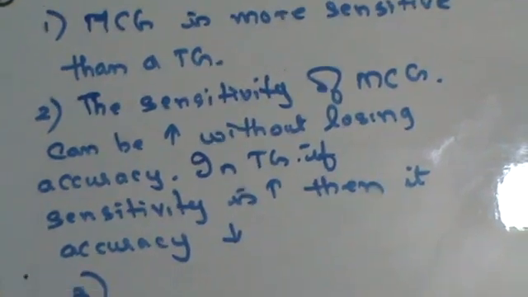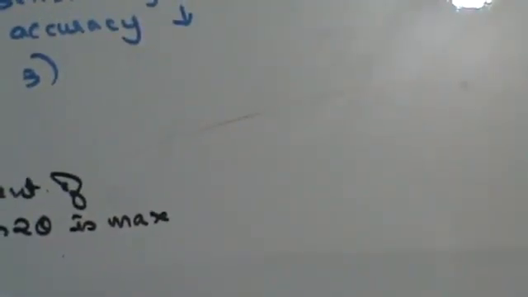Right? Next, the moving coil galvanometer does not require any presettings, while a tangent galvanometer requires presettings in the magnetic meridian, because it depends upon the Earth's magnetic field. Hence, it has to be preset in the magnetic meridian.